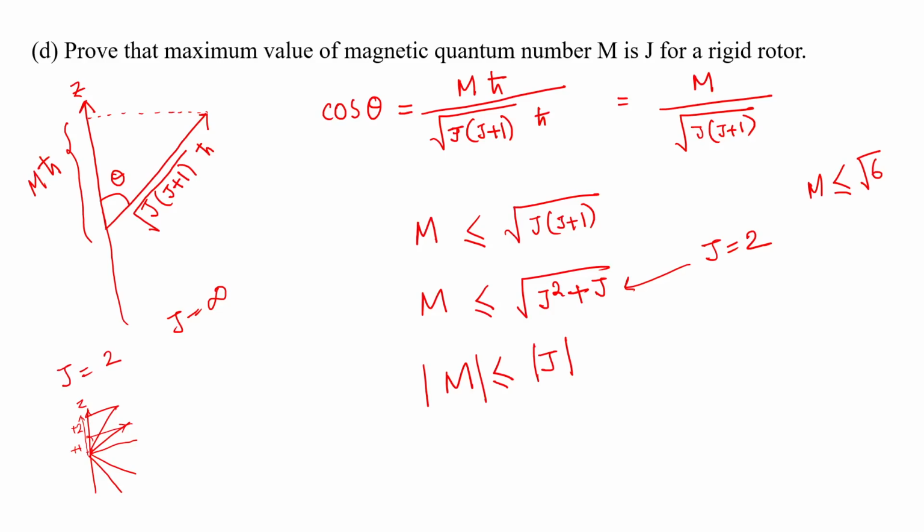But what is the maximum value of m we get for j equals to 2? That is 2. So m is actually not equal to root of j into j plus 1.